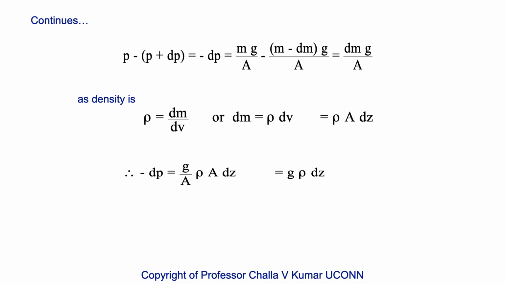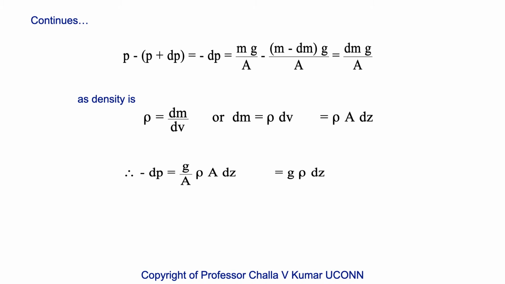Therefore, A and A can be cancelled out, and we get minus dP equal to g, the acceleration due to gravity, times rho, the density of the gas, times dz, the change in the height of the gas column. So one could argue, why can't we just integrate both sides and get an expression for how pressure changes with height z?